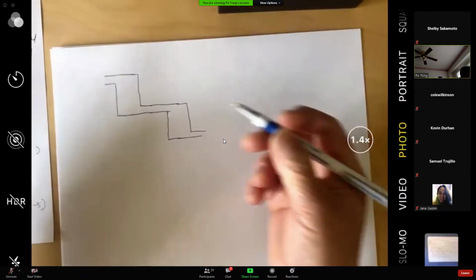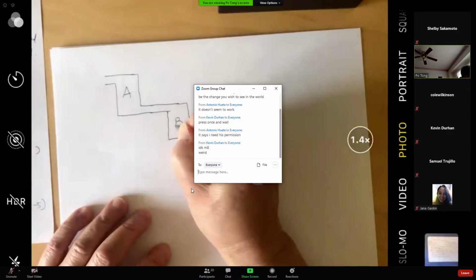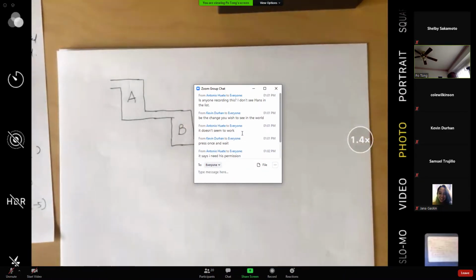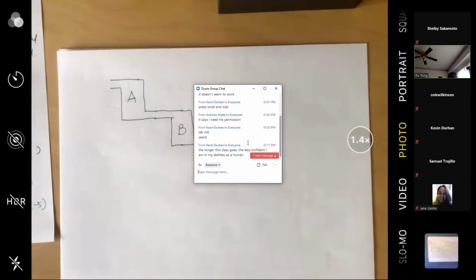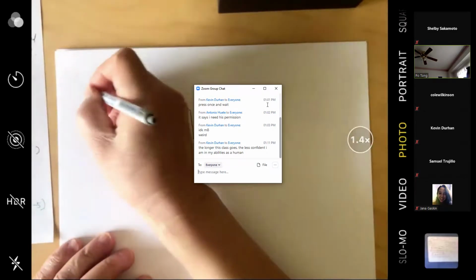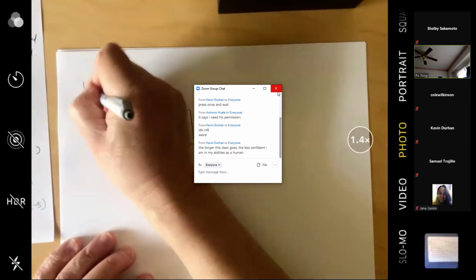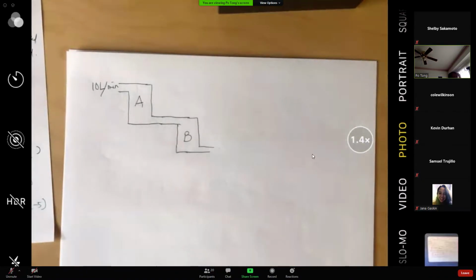I have two tanks here, 10A and 10B. Let's say this is going in at 10 liters per minute.